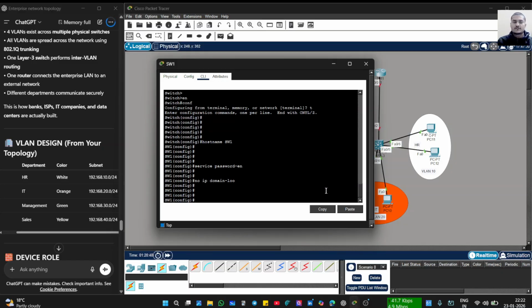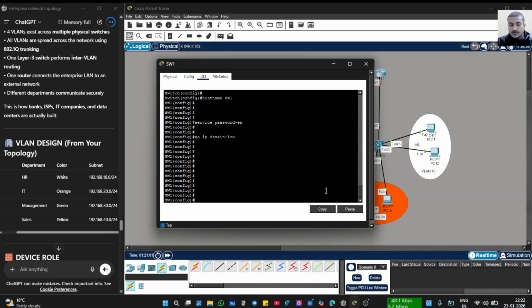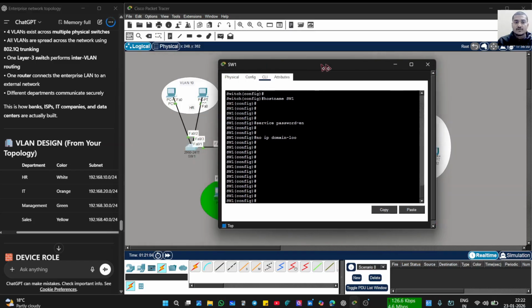Two major things we can configure are the console password and remote access. We can also put the banner. This is all right, it's a good habit. Let's call the interface where we are going to assign all this.